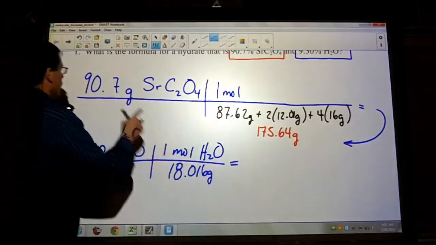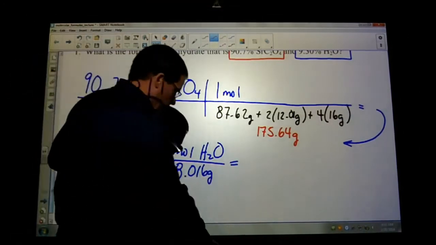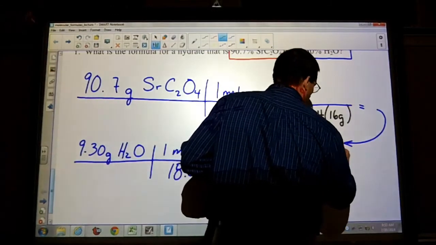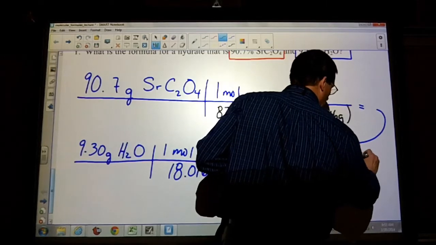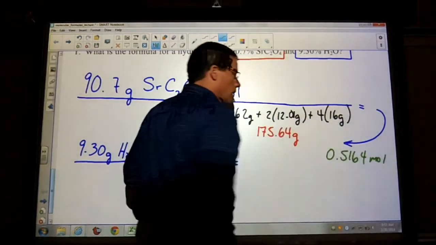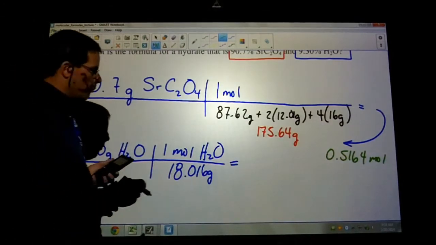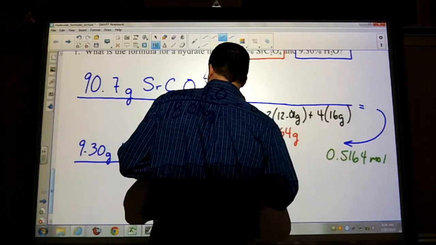Okay. So take that divided by that, and I get 0.5164 moles. Anybody get that? And then for the water, get something similar, 0.5162.